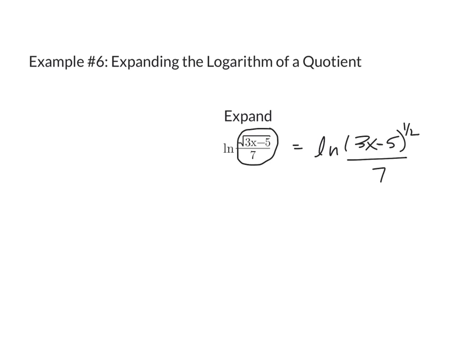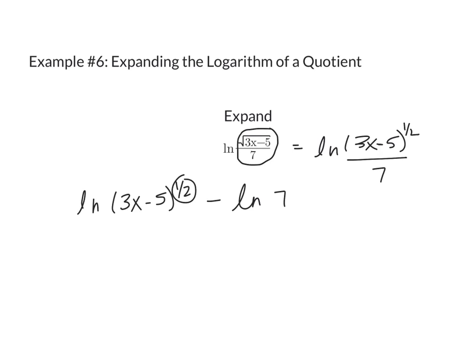So what I have is a power and I have division. The first thing I'm going to take care of is the division. Division, when we are expanding, really means subtraction. So that will give us the natural log of 3x minus 5 to the 1/2 power minus the natural log of 7. Now the second one is already done.